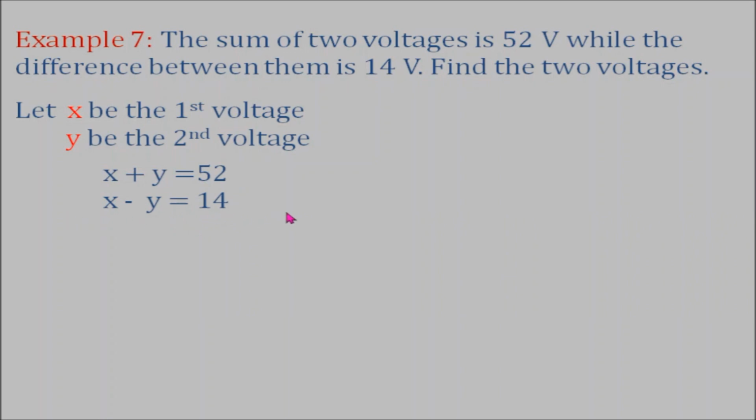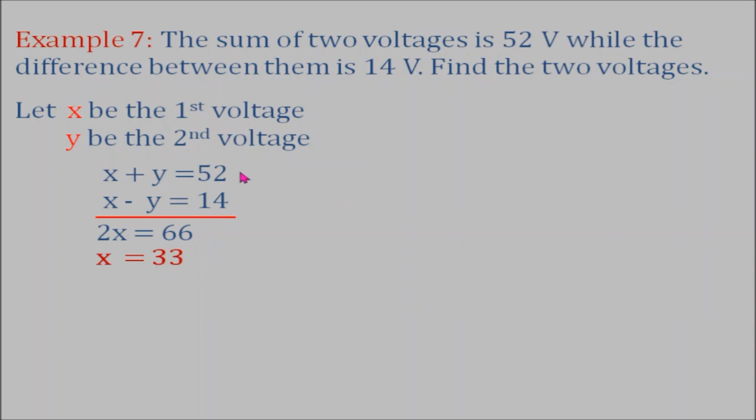So adding the two equations, we have 2x equals 66. Why? Because x plus x is 2x, y plus negative y is 0, y is eliminated, and then 52 plus 14 is 66. Dividing both sides by 2, x equals 33.